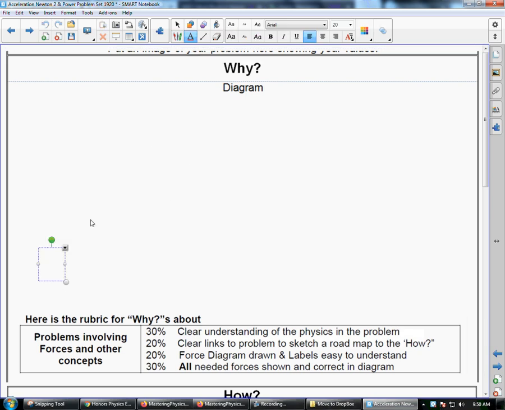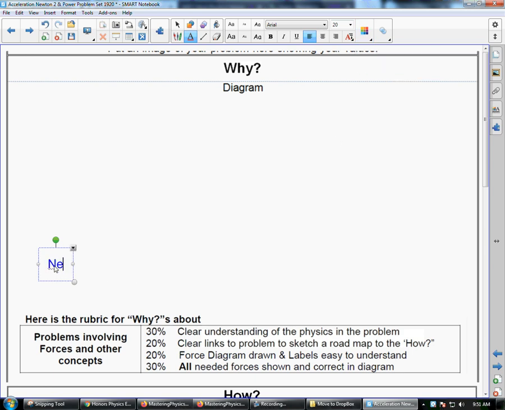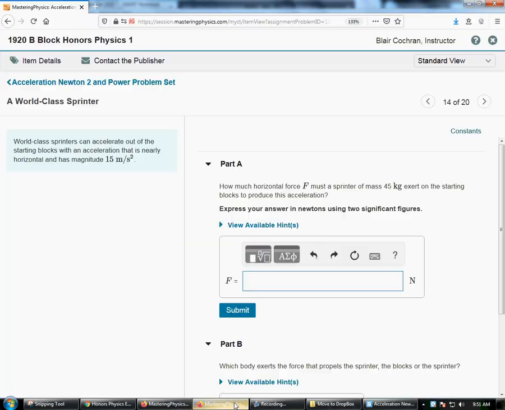The idea is that net force produces acceleration. Is he coming out of blocks?